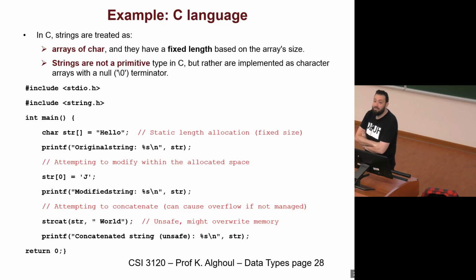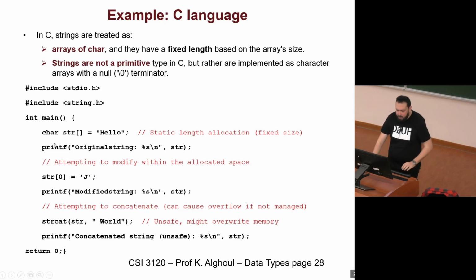Yes. You allocate more space than you need in the array? Exactly. For example, I have here char str equals hello. What's happening here? I have 1, 2, 3, 4, 5. It's allocating automatically 6 spaces, like it's creating an array in the memory of 6 characters because we're adding the null one.